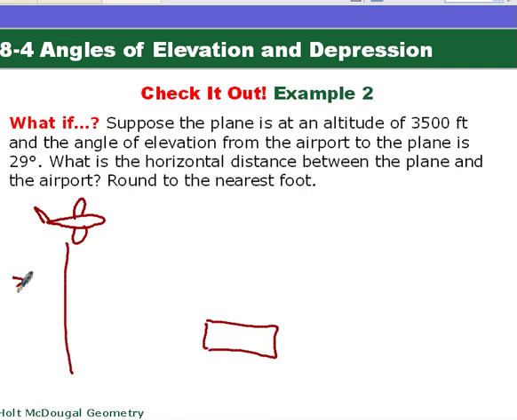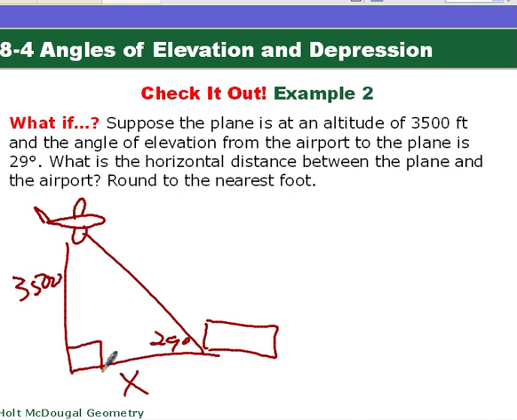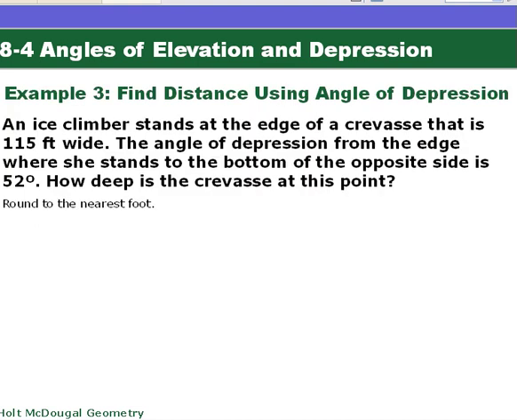I'm going to help you out here a little bit since this is our first picture. Here's 29 degrees, and they want to find the horizontal distance between the airport and the control tower. We have a right angle right here. Okay, good luck.